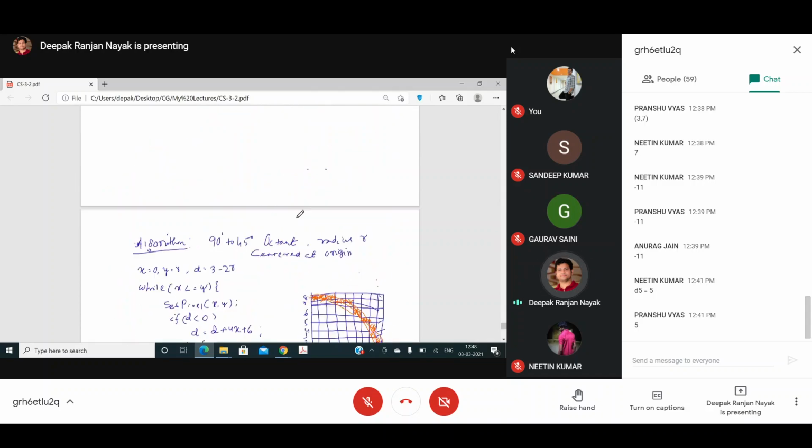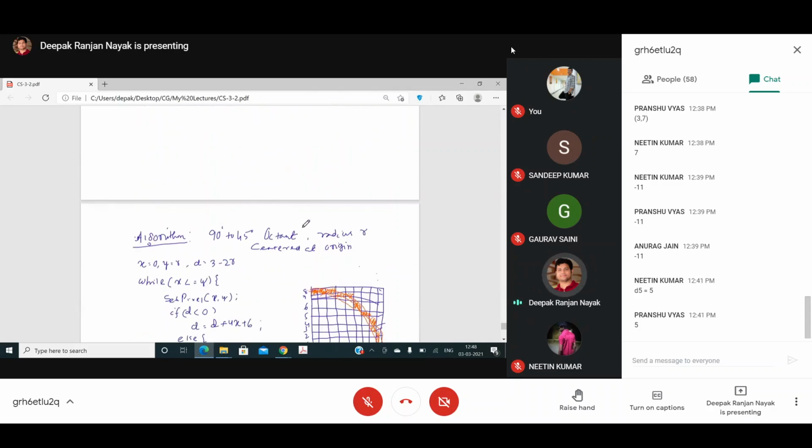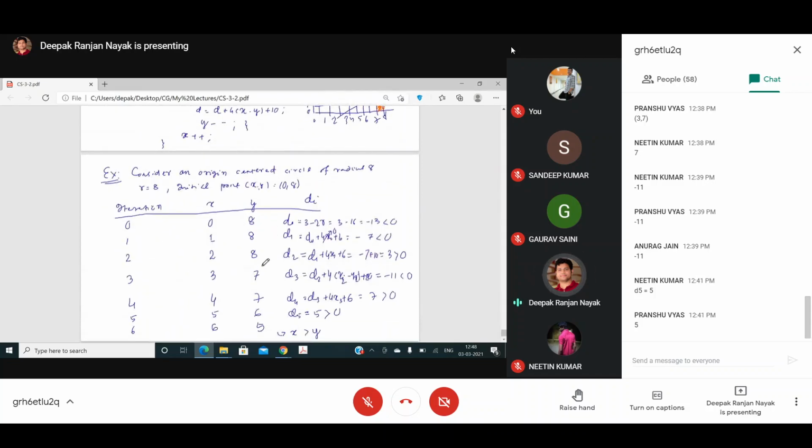Let's say here in this case, if xc and yc are the arbitrary center which is given to you, then you add xc and yc to all the values of x and y, and you will get the new pixel position values centered at xc and yc, right? So this is for the arbitrary center, and this is one of the examples which we have considered.